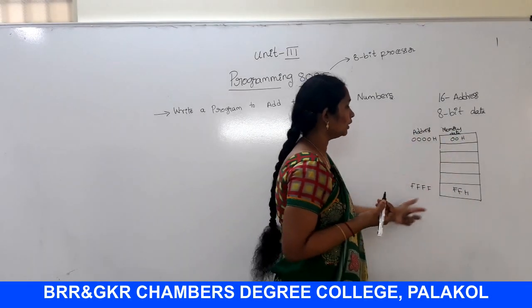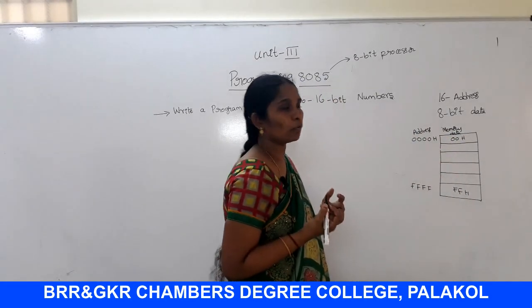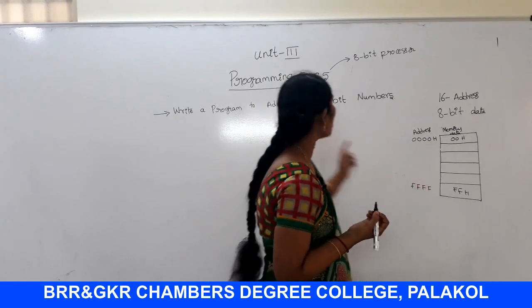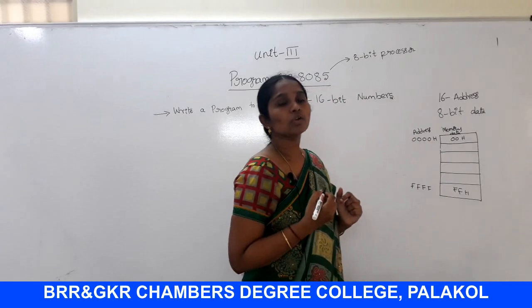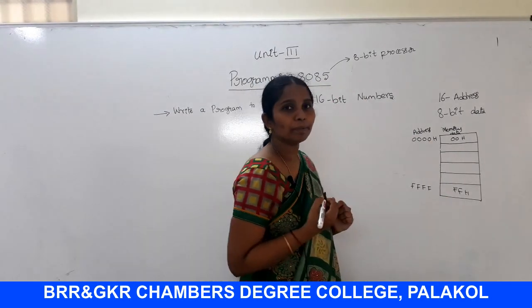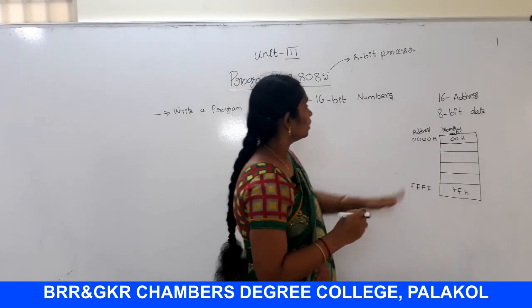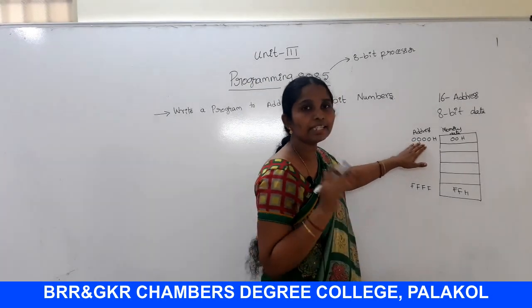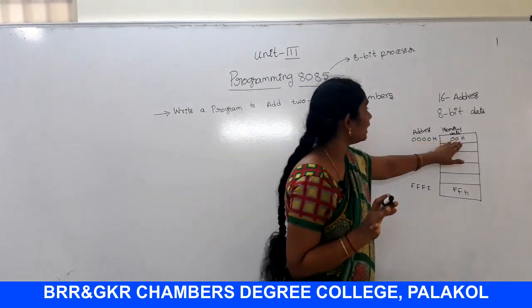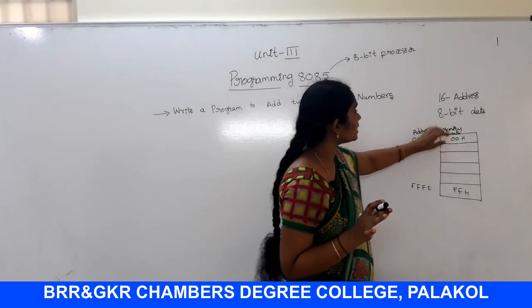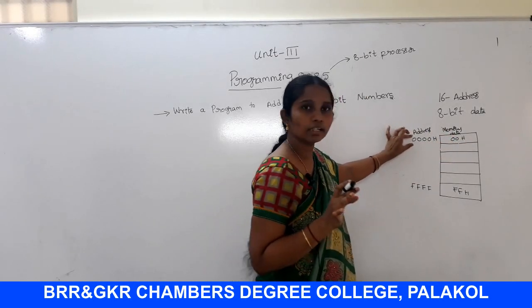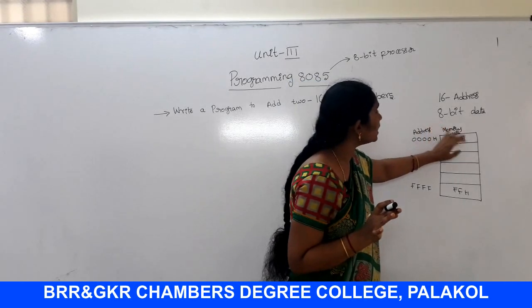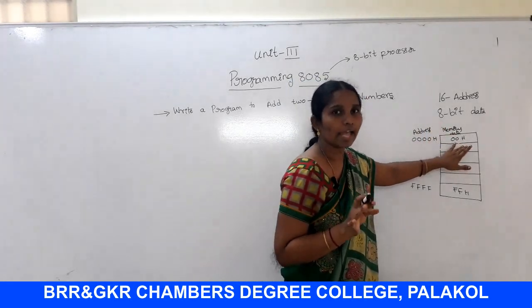These are some important points you have to remember before writing the program. Every data has an address. This is an address and this is a data. Depending upon this address, we consider the corresponding data.